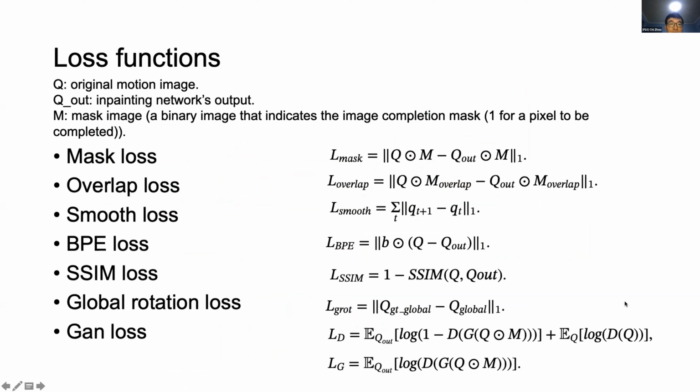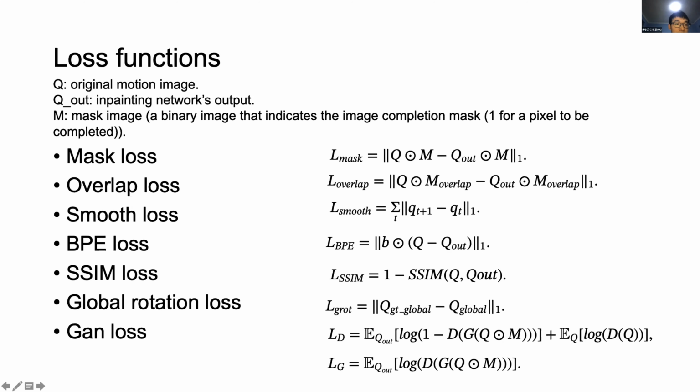And later, we need to define the loss functions. Our loss function includes two main losses. One is reconstruction loss, and another is adversarial loss between the inpainting result and the ground truth image. The reconstruction loss forces the generator to preserve the information of the original input, and the adversarial loss forces the interpolated motions to be more natural.